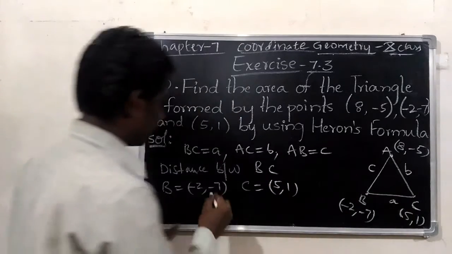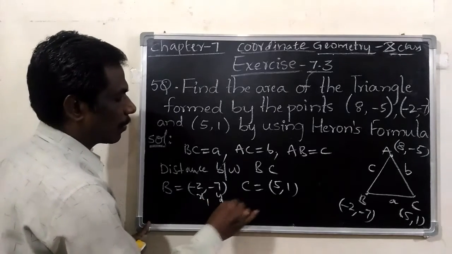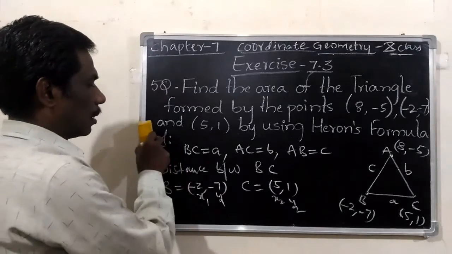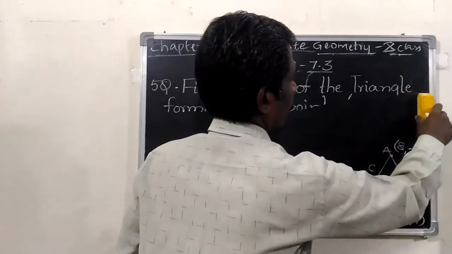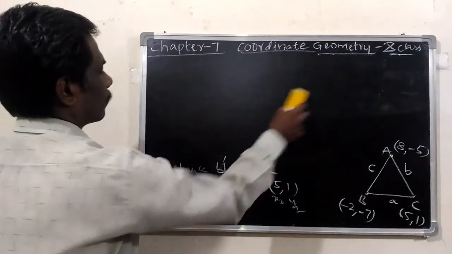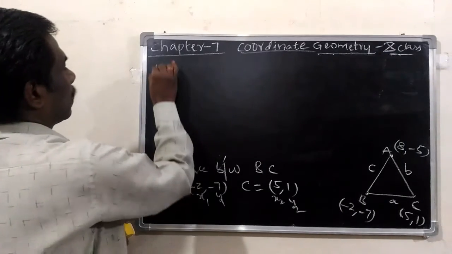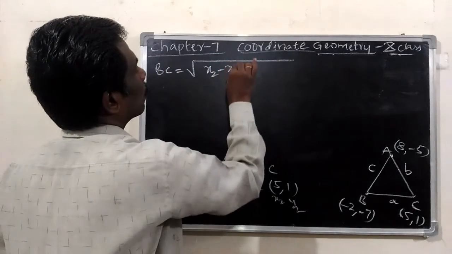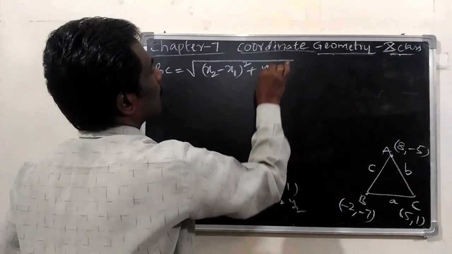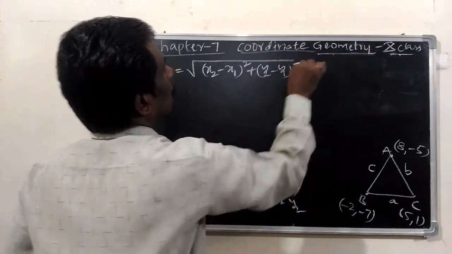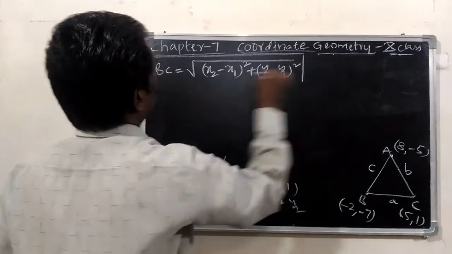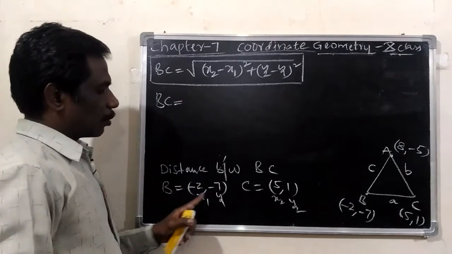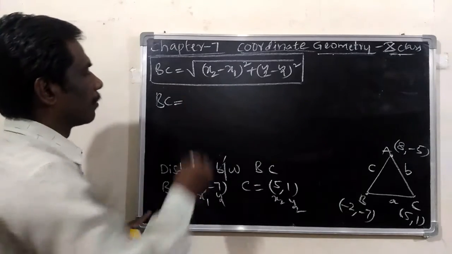Let these be x1, y1 and x2, y2. Now the distance formula: BC equals under root of (x2 minus x1) whole square plus (y2 minus y1) whole square. Make it a box.